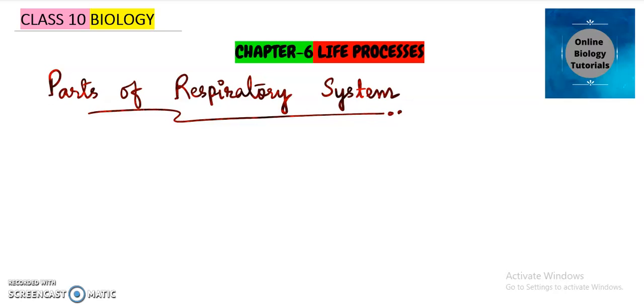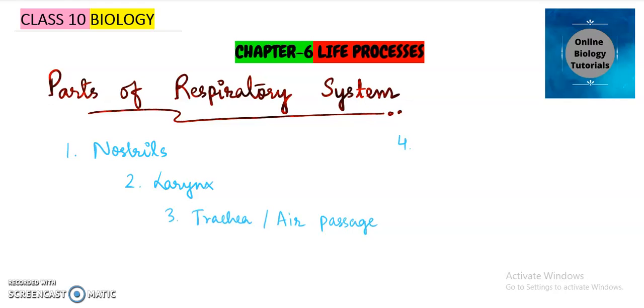In this video, we will be discussing the parts of the respiratory system, what all is included in them. So, nostrils, larynx, trachea, which is also known as the air passage of our body.